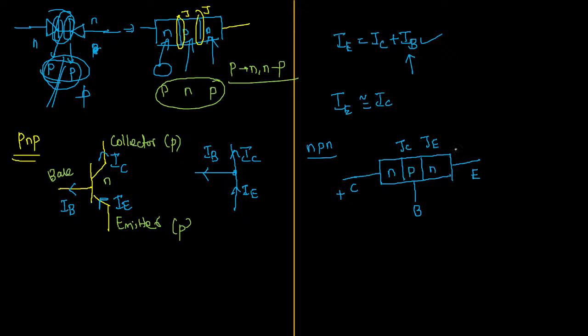Right? Now there are so many types of operations here, so many types of regions. What are the regions that we are going to consider here? Now consider the emitter junction. If you observe this N to P configuration, I told you that this P, if you break it properly, is actually two P's.